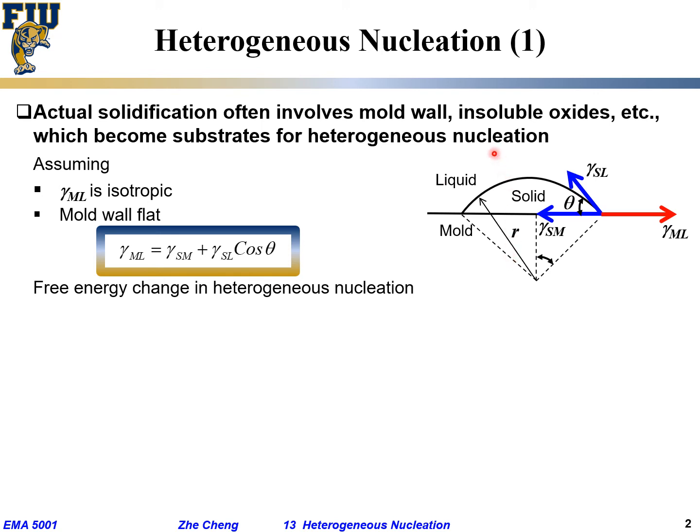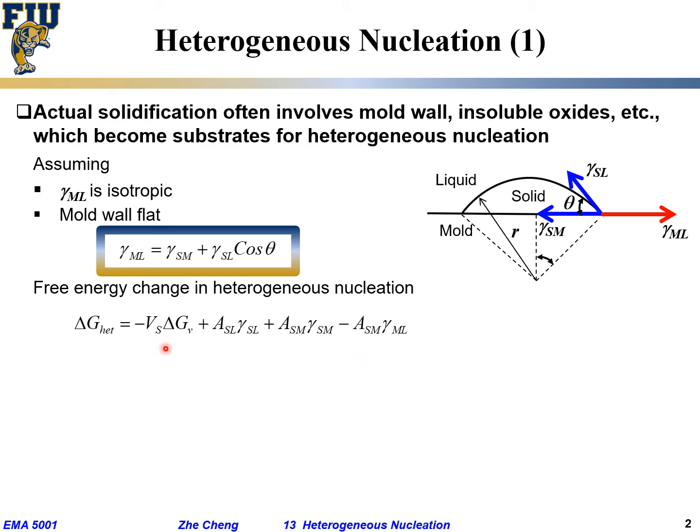And now we have liquid and mold, and between them a solid sphere cap cluster or nucleus, right? So this free energy change, I'm going to write as delta G HET, for heterogeneous nucleation. The free energy change would be these terms.